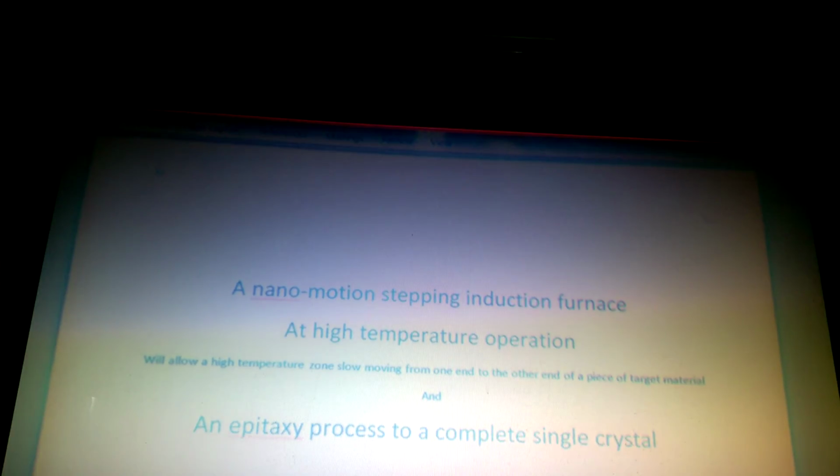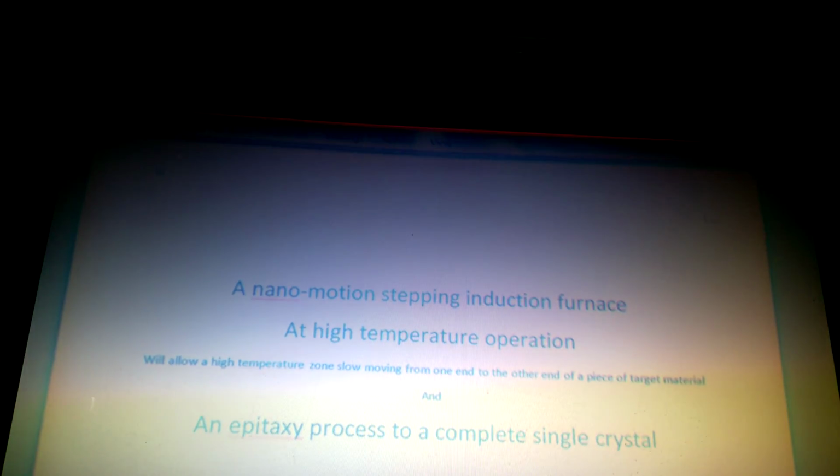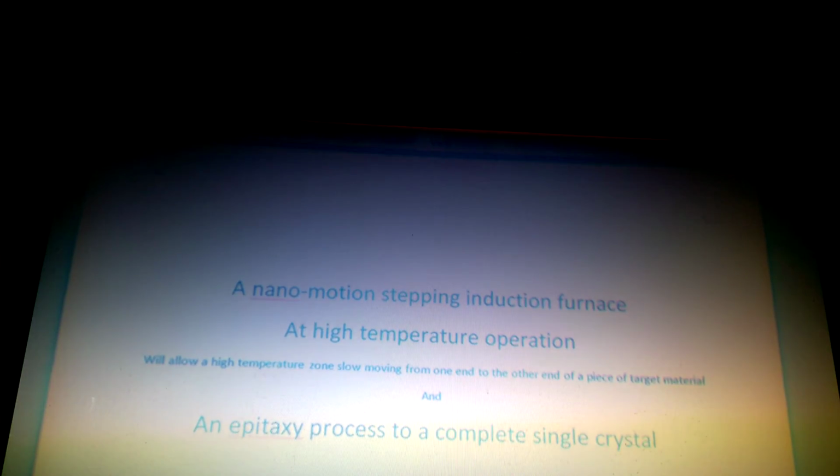The induction furnace allows you to target the hot zone to some specific location on the sample, then it won't heat up somewhere else inside of the furnace.